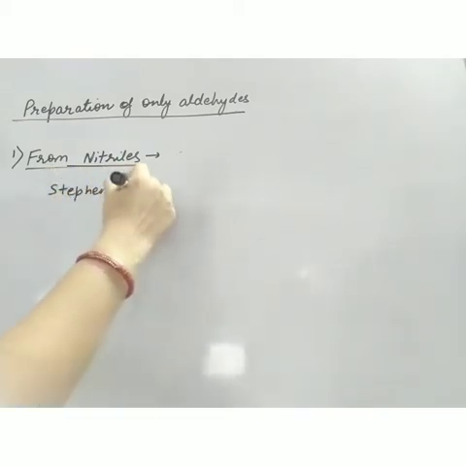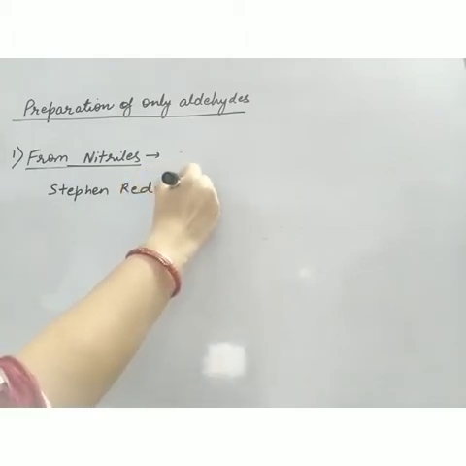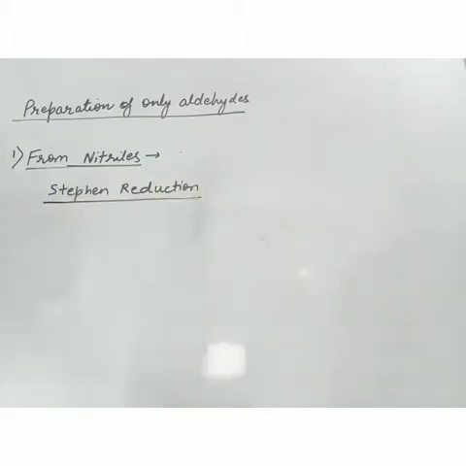The second method of preparing only aldehydes is from nitriles, that is cyanides. It is known as Stephen reduction. It's again a name reaction. Now what is done in this? Suppose one nitrile I am taking, CH3CN.